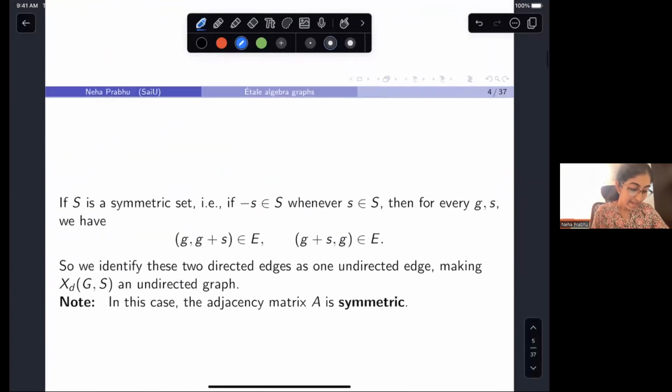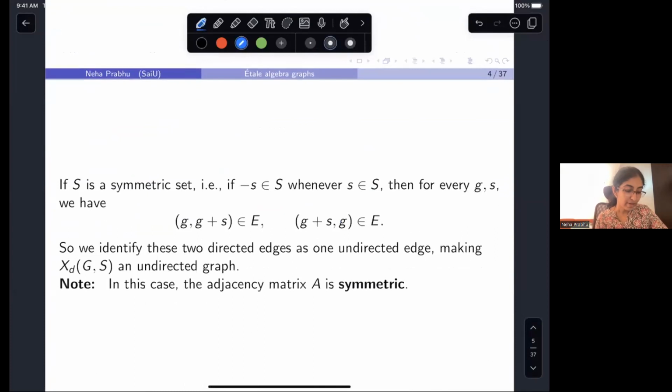So if S is a symmetric set, then whenever s is in S, we have g comma g plus s belonging to E. And if minus s was there, I can subtract s, so I start from g plus s and subtract s to get the endpoint as g. Since both are in the edges, you always have an edge going both ways between two vertices, and in this case the matrix is symmetric.